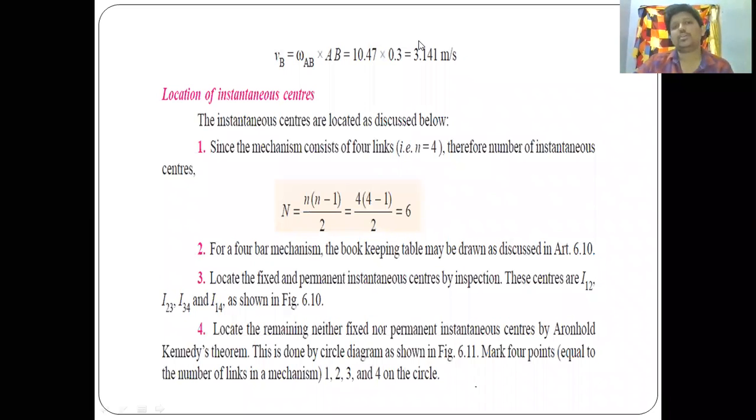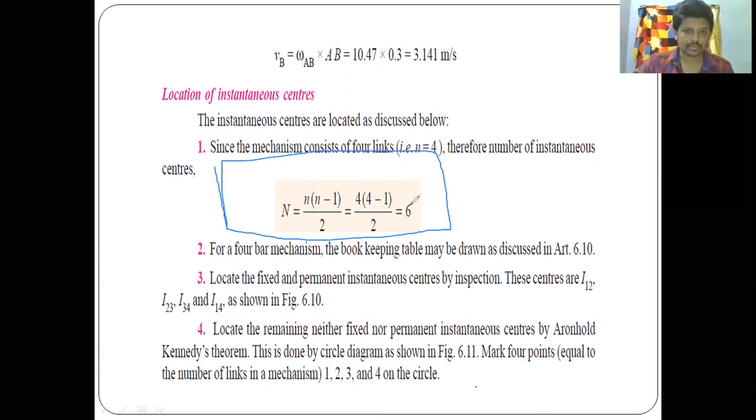The first point here is we should know the number of instantaneous centers, which is N into N minus 1 by 2. 4 into 4 minus 1 by 2, that means we have 6. For a four-link mechanism, the table we should draw, which I already explained, is like 1, 2, 3, 4. The first center is for 1 and 2.